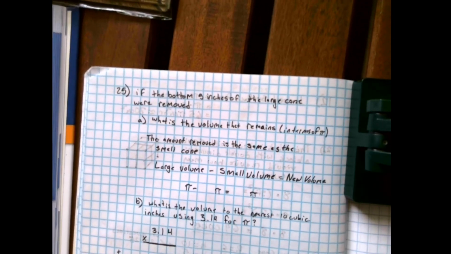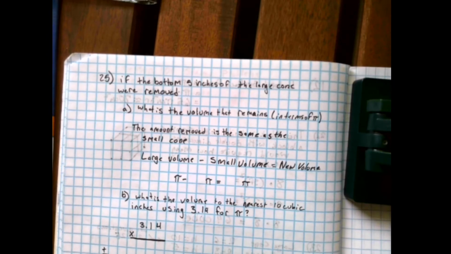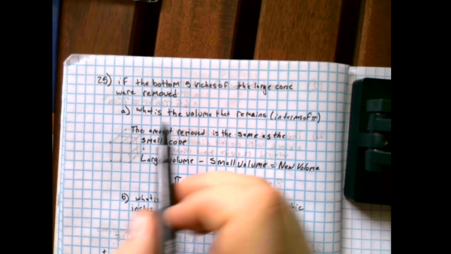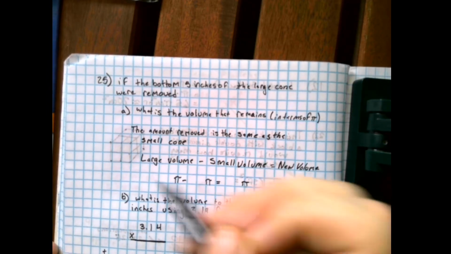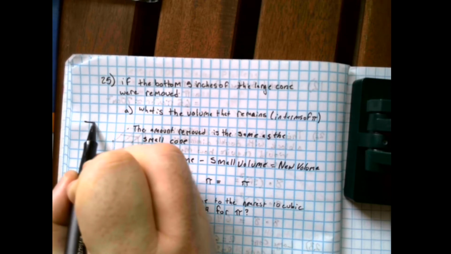Question 25 says, if the bottom 5 inches of the large cone were removed, what is the volume that remains in terms of pi for part A? Well, if we remove the bottom 5 inches, we would get a shape which looks like this.